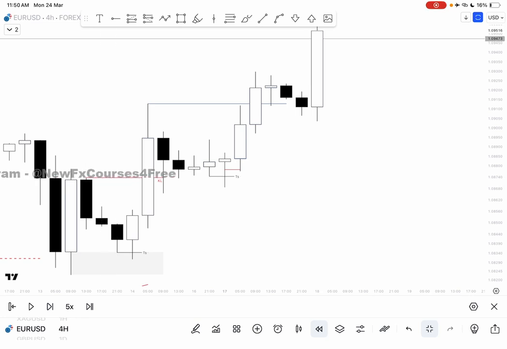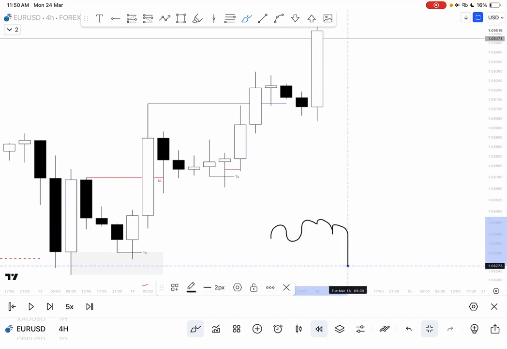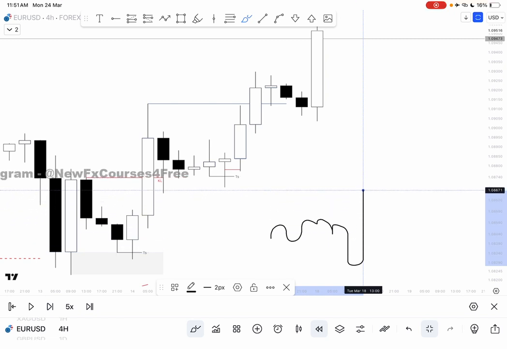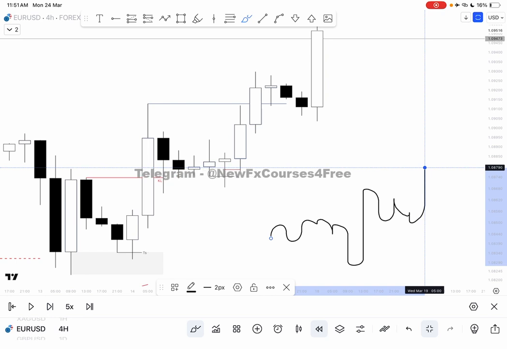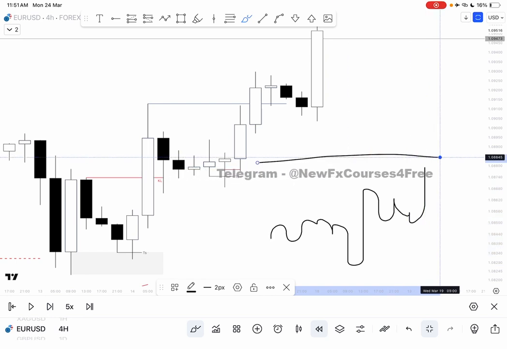So here is actually a little source. I wasn't planning on releasing this out yet, but let me just say this. So let me say you got your range, then you got your dump below the old low and your manipulation and your expansion higher towards your draw.